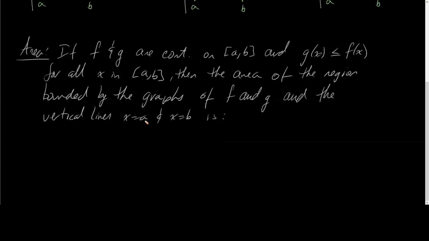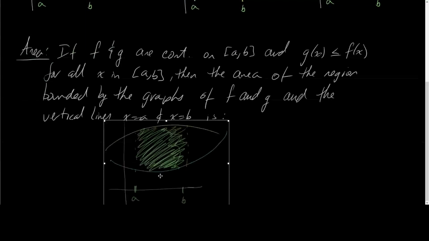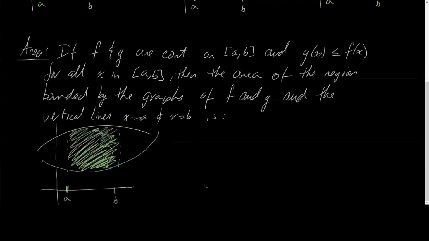Well, before I tell you what it is, let's build it, right? So let's look at what it would be. We're going to look at just one rectangle here, right?